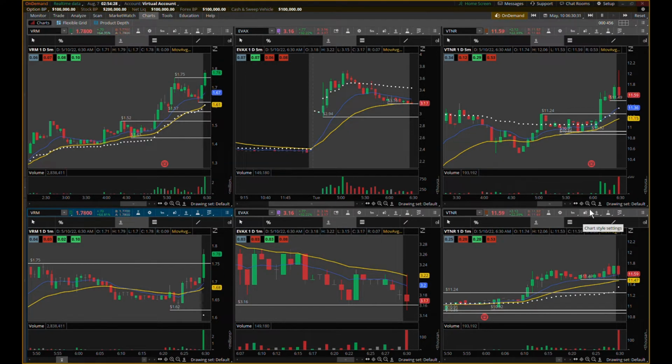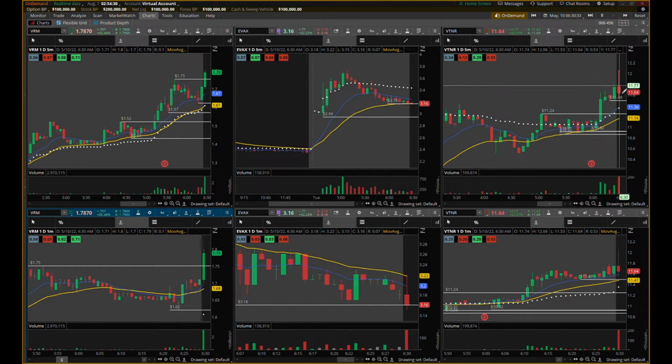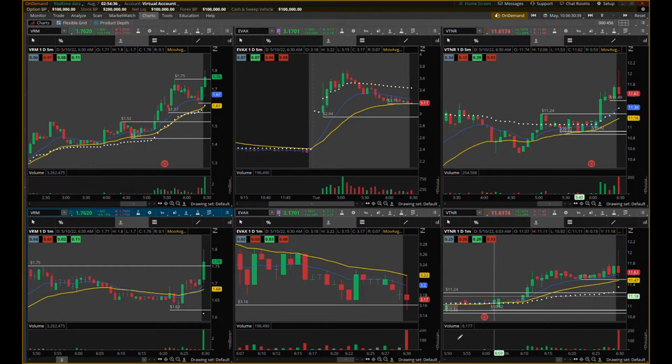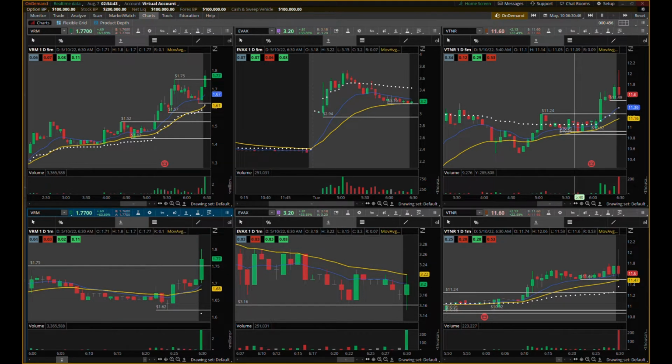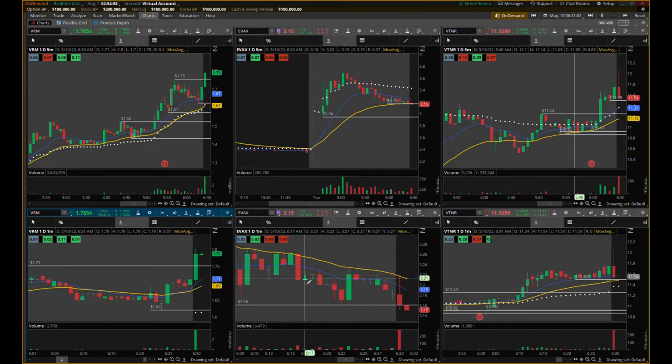I was liking VTNR also, but now I'm kind of not. Unless it can turn that around. And no trades on EVAX until it can reverse its trend.